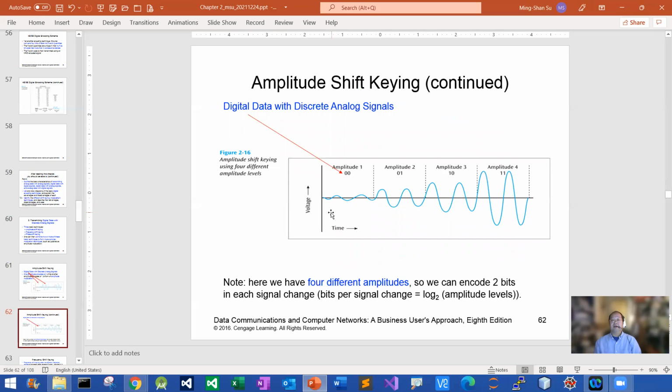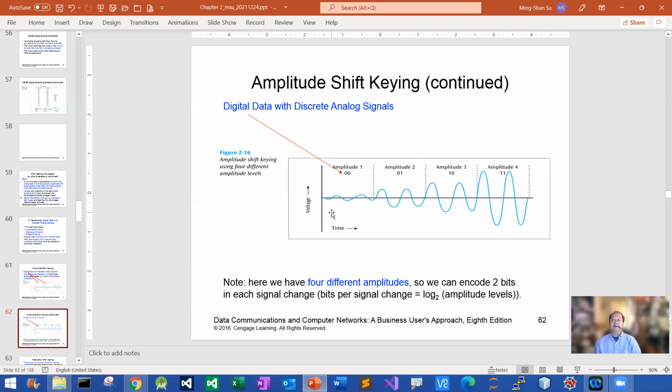This one uses 4 different kinds of amplitudes. You can see that this one has a very low height on the waveform, then a little bit higher, and a little bit higher again, and this one is higher than the previous two. This one is the highest of the previous 3.